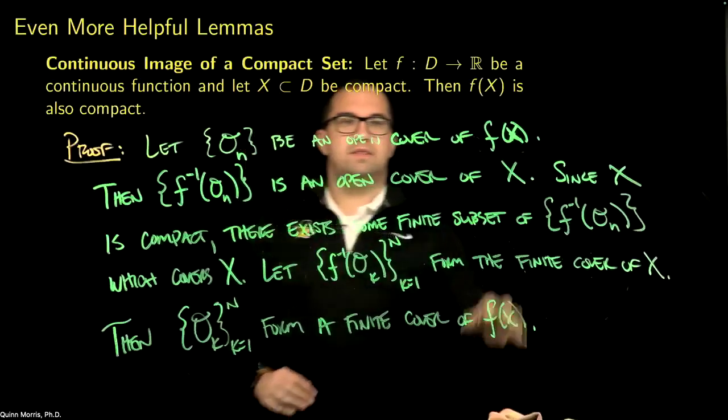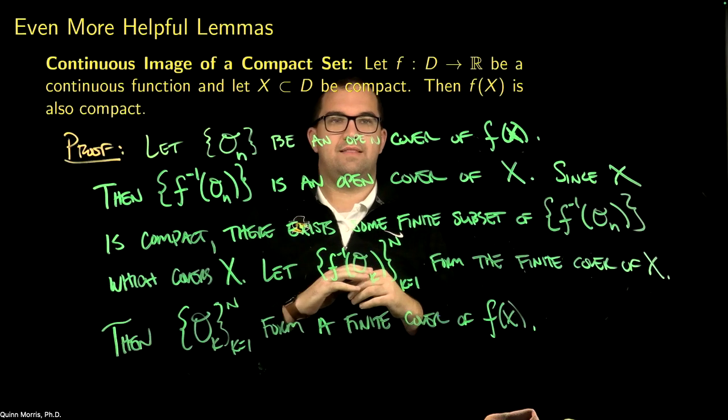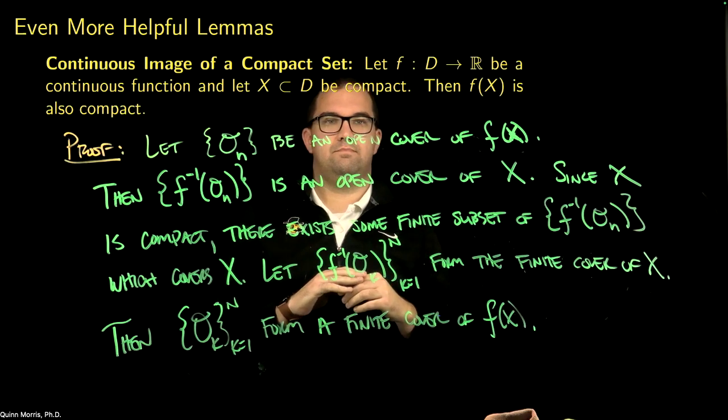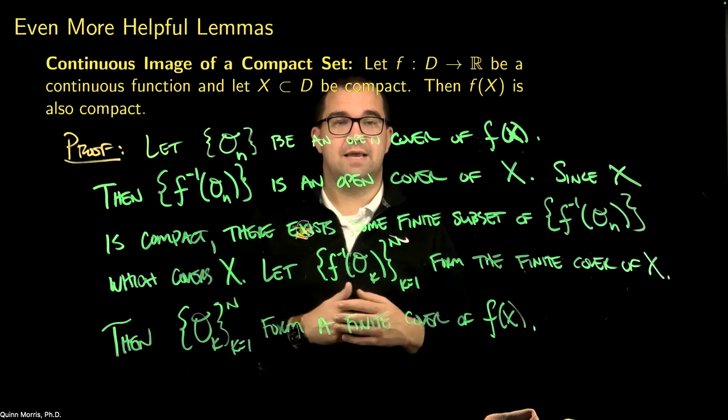All right. So the idea is you're mapping forward and backwards to get that the image of a compact set under a continuous map is another compact set.